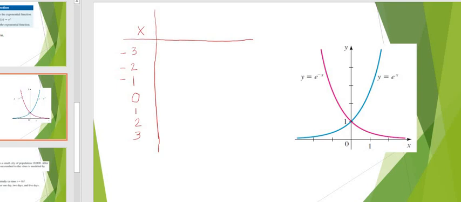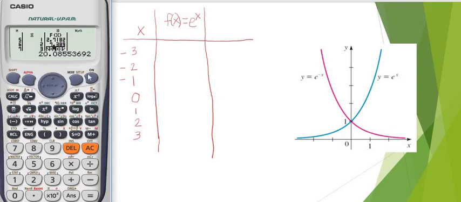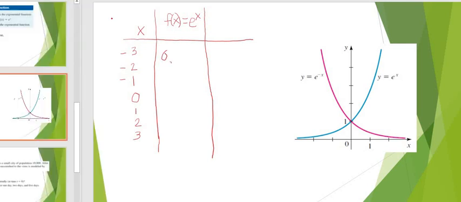Now our f of x is equal to e to the power of x, which we have previously determined through our calculator. We'll write down our values, rounding off to 2 decimal places only for simplicity.